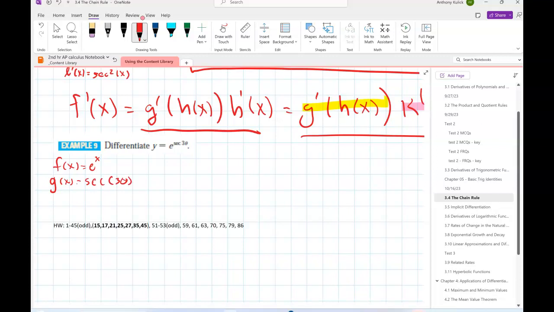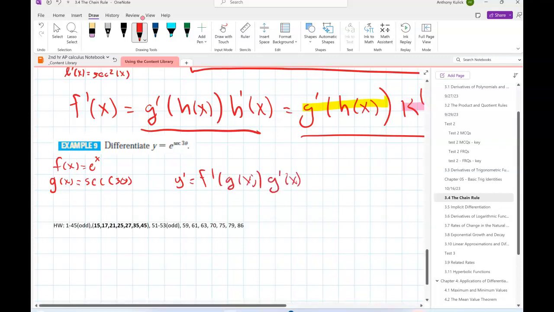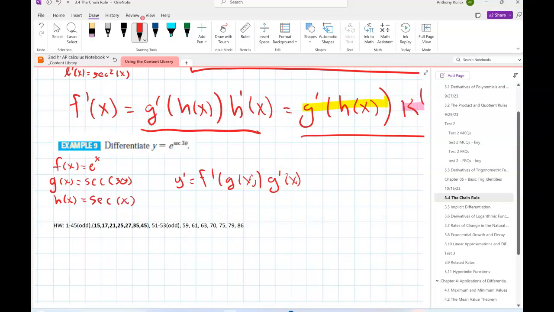So y prime is going to be f prime of g of x times g prime of x, right? What do I have to do for g prime, though? That's another chain rule. Where your outer is going to be secant x, and your inner is going to be 3 theta.